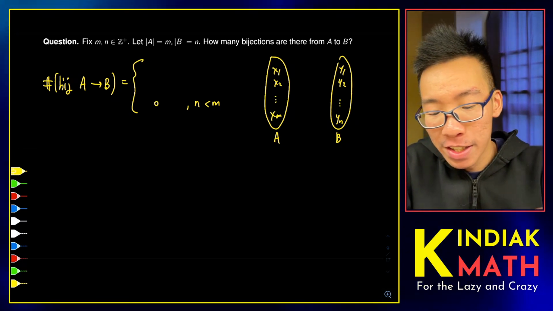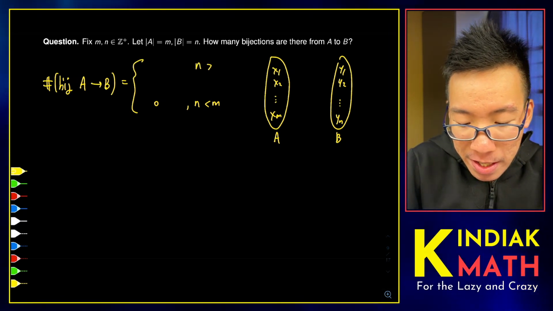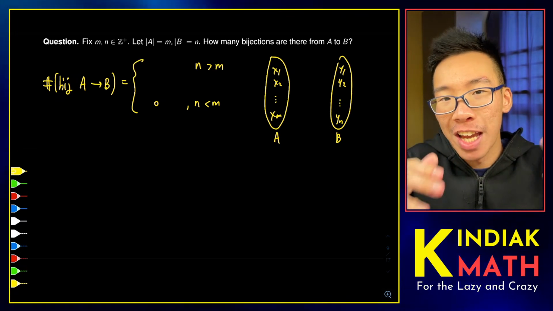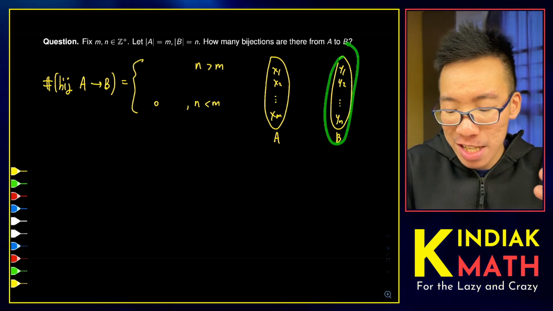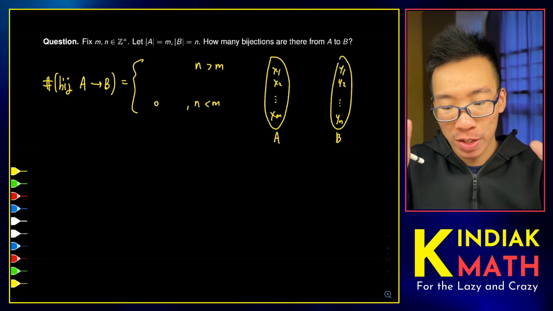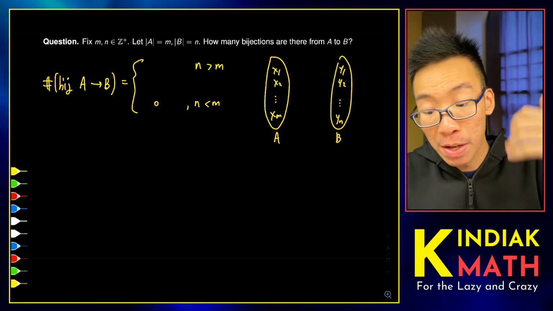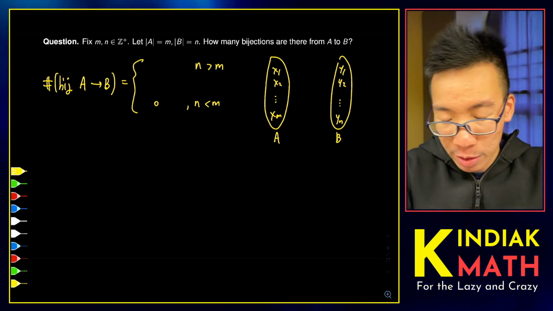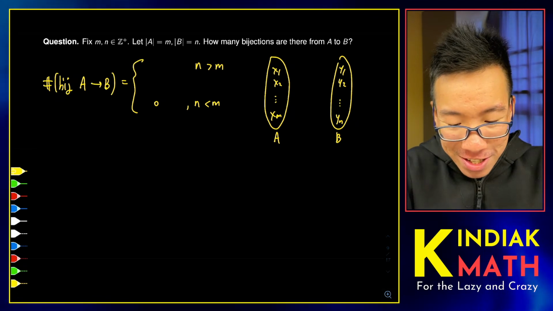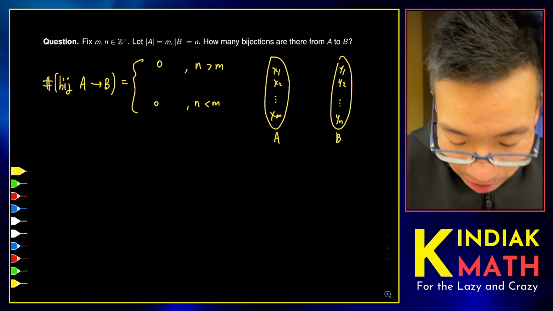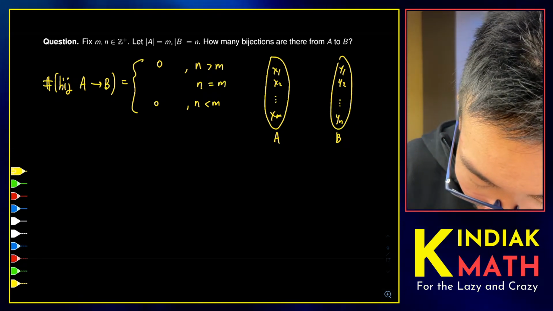On the other hand, if n is bigger than m, then you cannot get any surjections, because this set is bigger, so you can't hit everyone no matter how hard you try. There's no way you can hit every single item in B. And if there are no surjections, then there will be no bijections as well. There's only one remaining situation, and that's when n equals m.